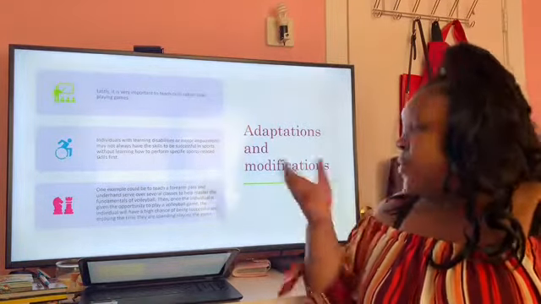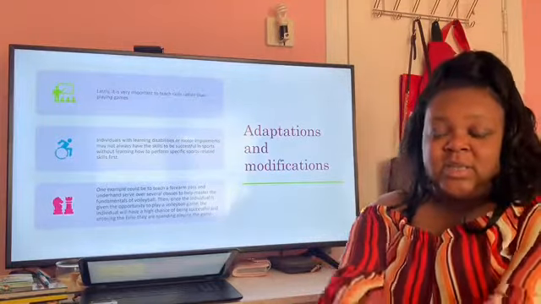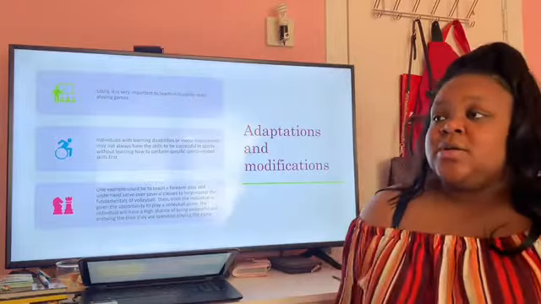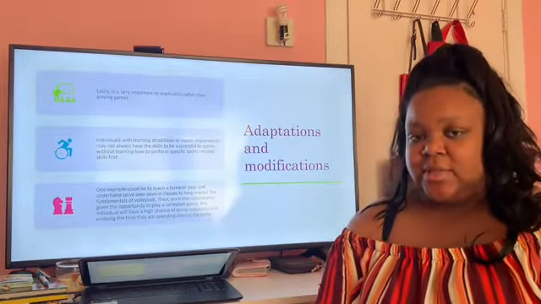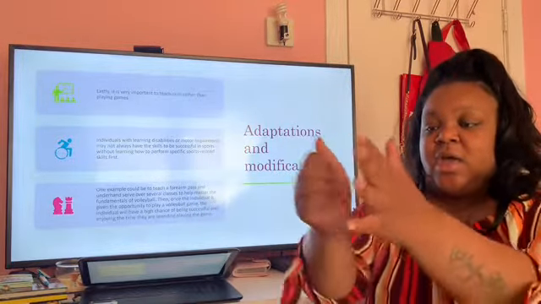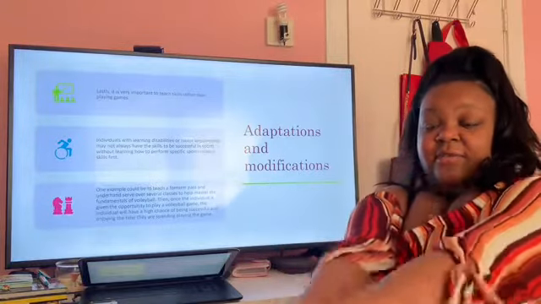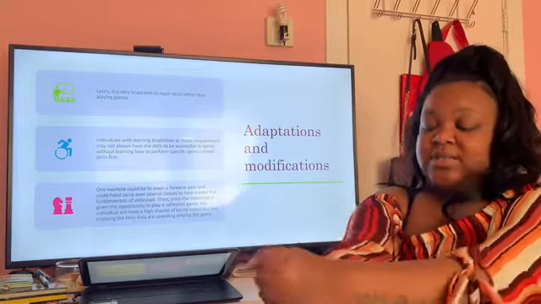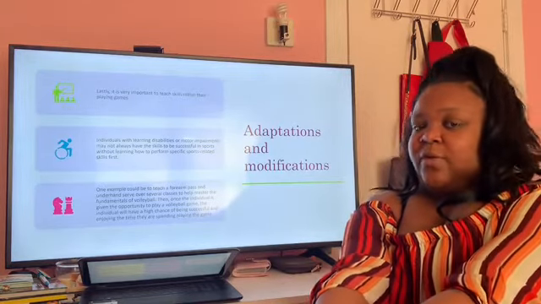For example, I use the forearm pass in volleyball, or an underhand serve. So getting them to understand that your hands need to be balled in here, flat, so they can understand that the ball needs to hit the wrist and the forearm part of you.